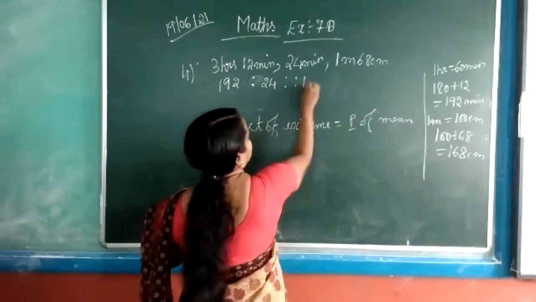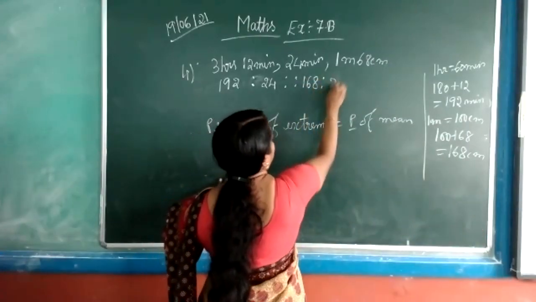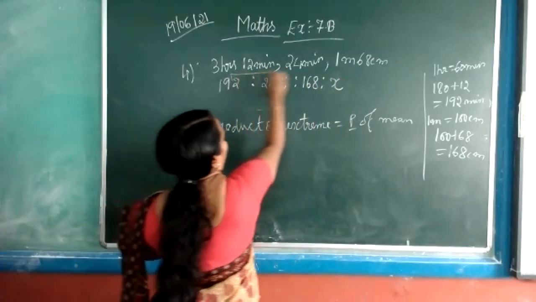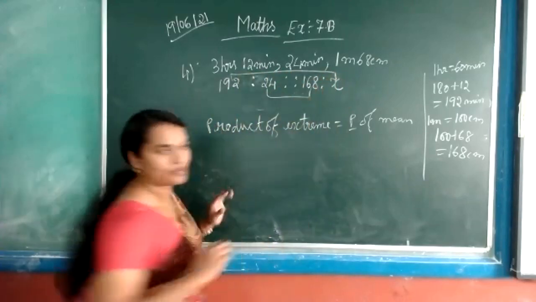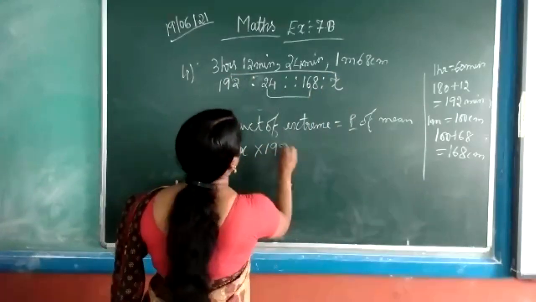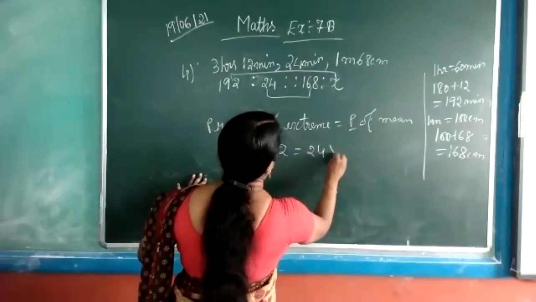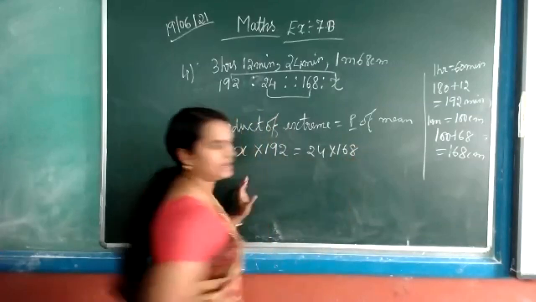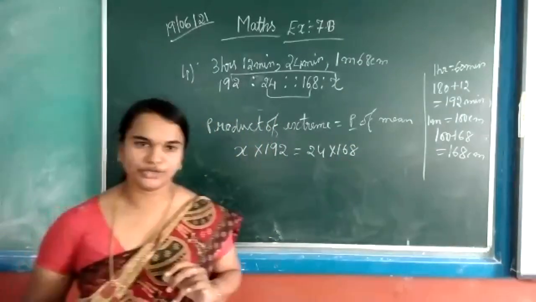So 168 is to x. Now product of extremes equals product of means. That means x into 192 equals 24 into 168, and the remaining part you have to do.